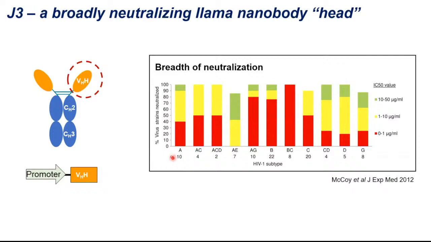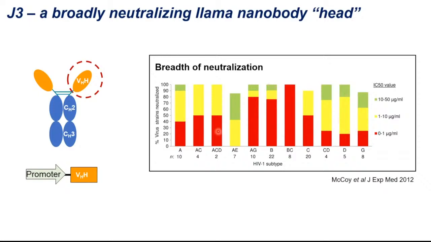For those of you who look at this data, these are all different subtypes of HIV, subtype A, B, C, and this is just showing, for different viruses in those subtypes that were tested with this antibody, how good the antibody was. When it's red, it means it was really powerful. Yellow and green, less so.